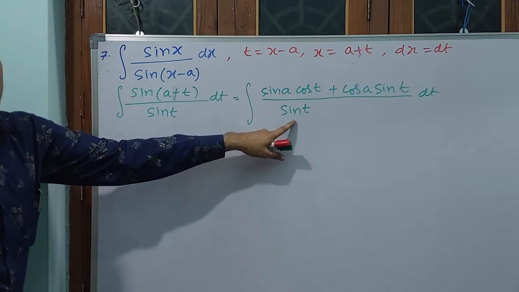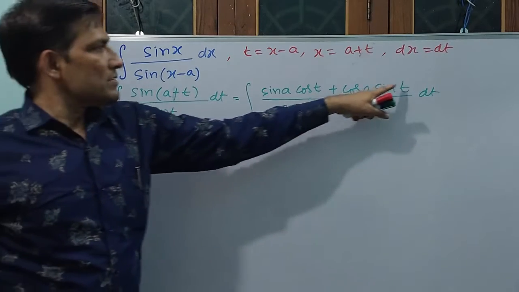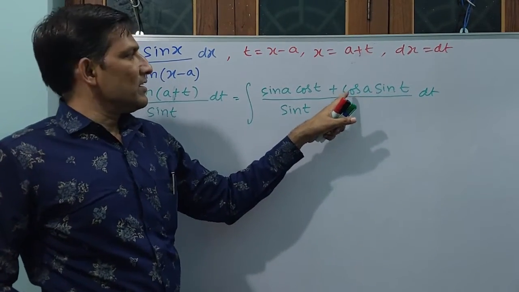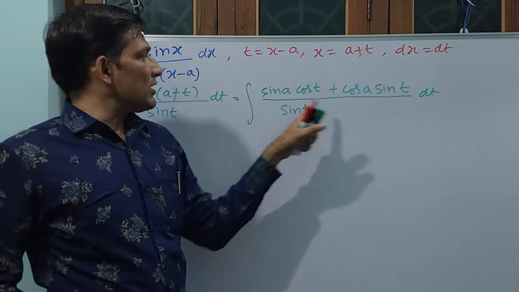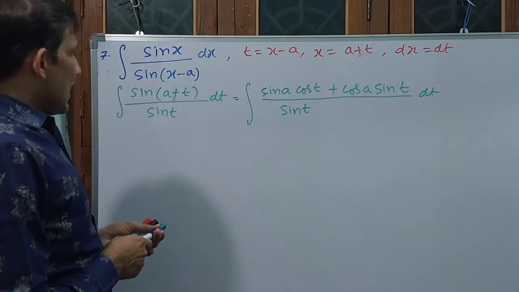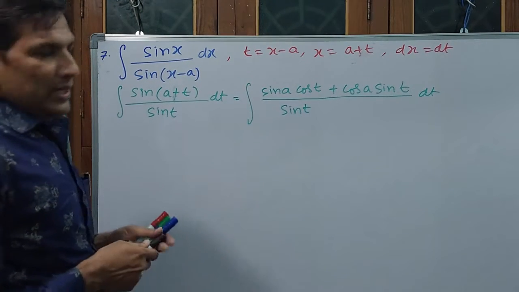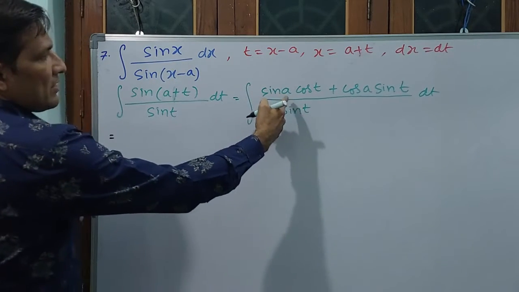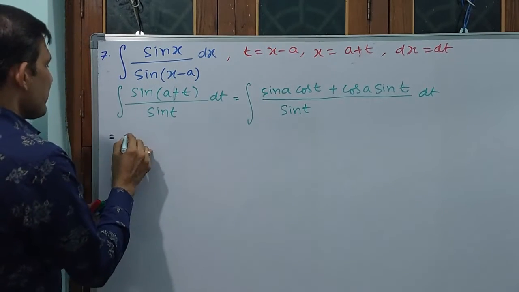Okay. Now observe carefully here. Cos t by sin t is cot t. Sin t by sin t is going to get cancelled, and cos a will come. Cos a is constant here. A is constant, so cos a is also constant, and sin a is also constant. Okay, like that you have to analyze. See, proceed. That is equal to, first one, sin a you take common. Why?